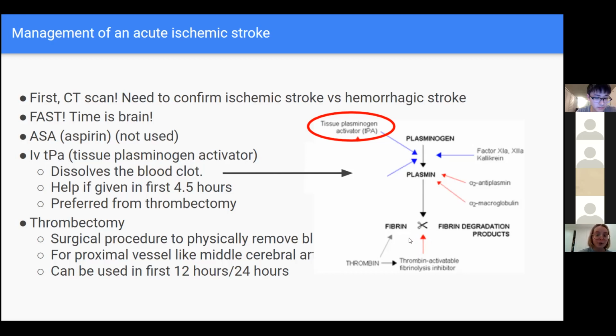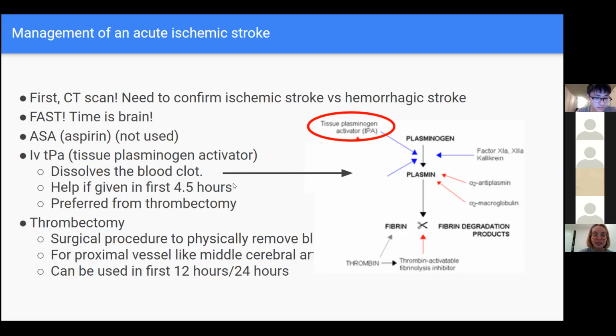It says it in the name: TPA means tissue plasminogen activator. It's a plasminogen activator that lets the molecule change into plasmin, which in turn changes fibrin to fibrin degradation products.